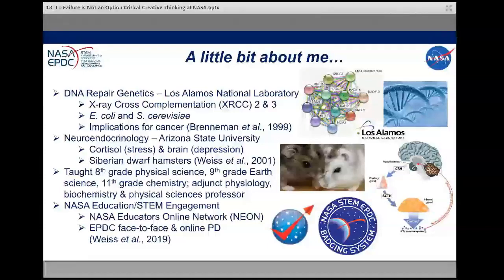I was fortunate enough, doing my master's degree at Arizona State University in neuroscience, neuroendocrinology, looking at brain chemistry of depression in animal models. One of the things we would do was have a journal club. Each week we would get together and read an article from the peer-reviewed literature.